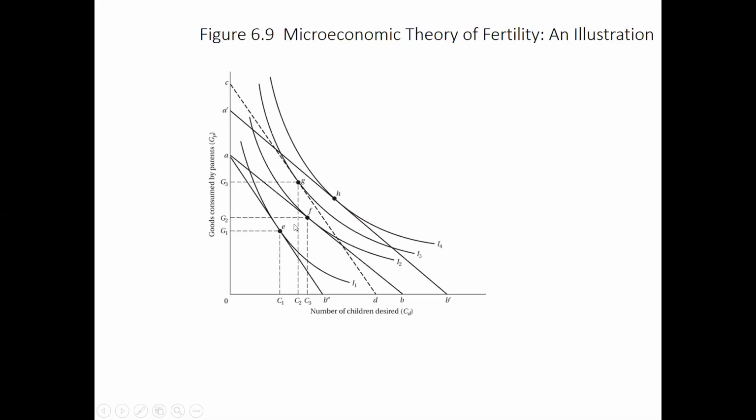Also, as the income that the family has goes up, you move from a point like F to a point like H, and maybe people start to have more children initially, but you could have a situation where both of those changes are taking place at the same time.